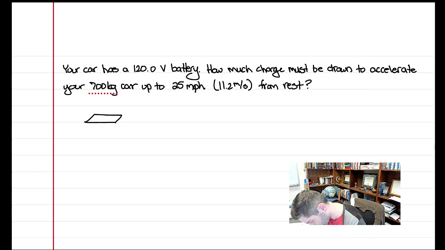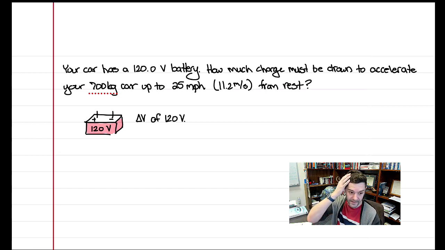So if you have your battery, which has a positive terminal and a negative terminal, what this is saying is that as you go across the terminal from positive to negative, there is a potential difference of 120 volts.